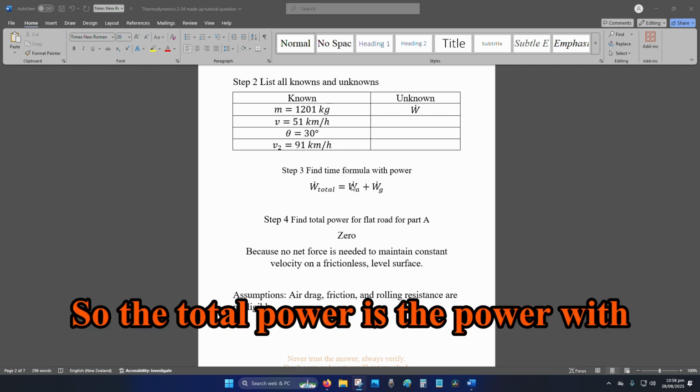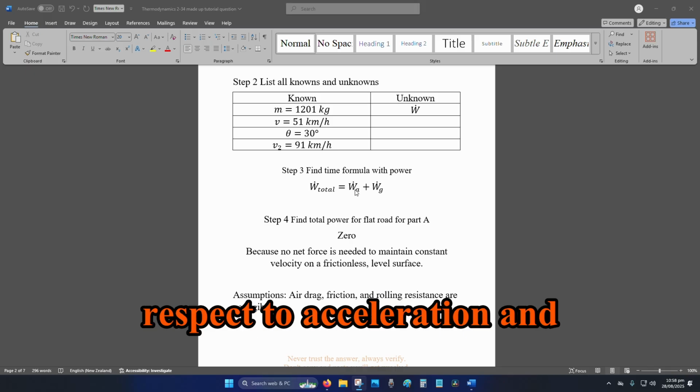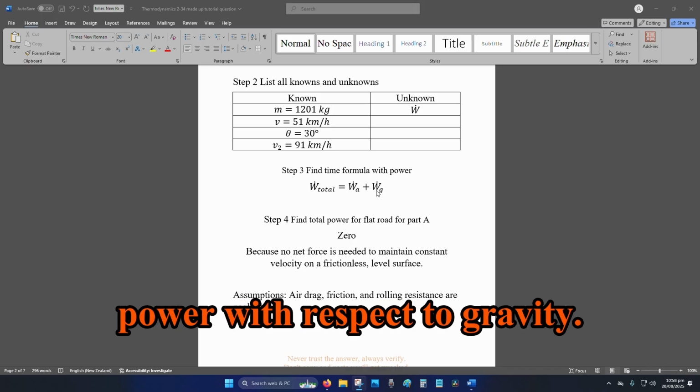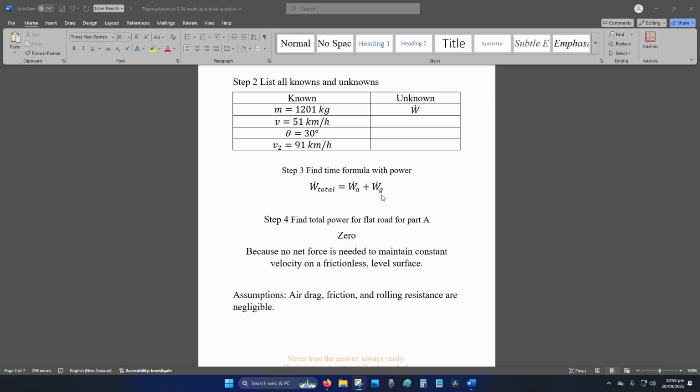So the total power is the power with respect to acceleration and power with respect to gravity.